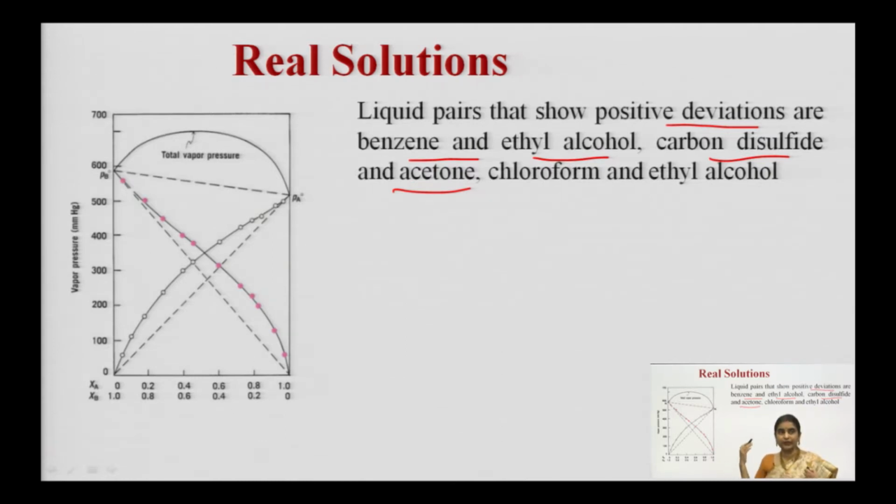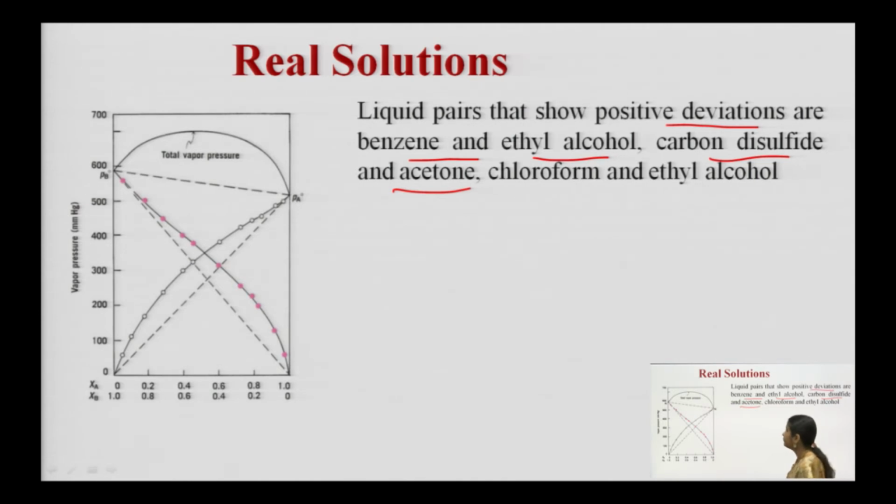This occurs mainly in the case of associations, whereas negative deviation is shown mostly in the case of solvation, but positive deviation is seen in the case of associations. So, it will not facilitate the formation of solutions. Why? Because the escaping tendency increases. Both of them try to escape from each other, so they do not get into the solution.